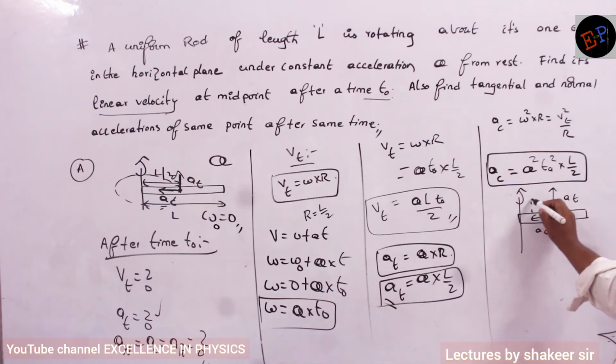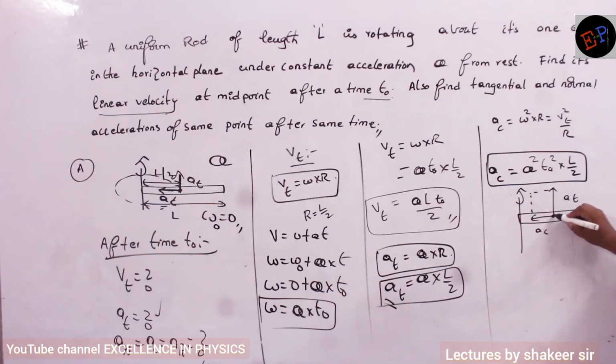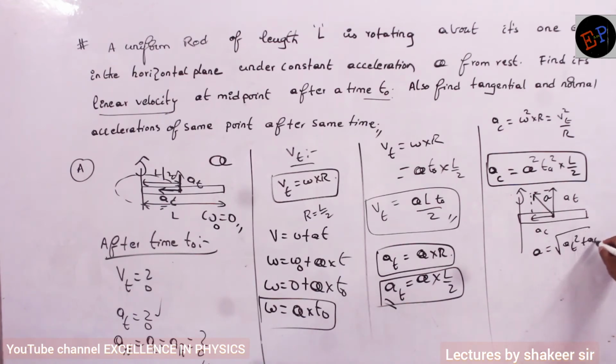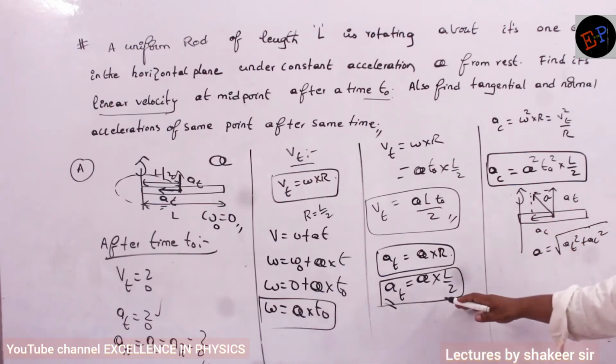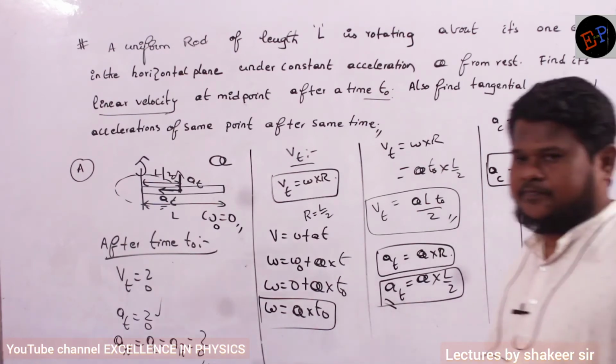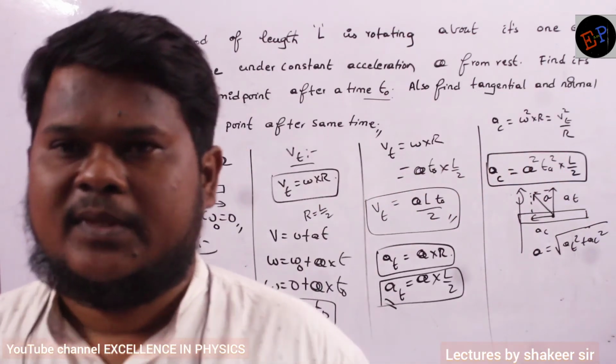Then the total acceleration experienced is this, A. Clear, no? And the angle is 90 degrees, no? So the total acceleration A is equal to the square root of AT square plus AC square. AT I have already calculated, AC also calculated, no? Just substitute here. Then I will get the total acceleration experienced by that point. Understood? That's it.